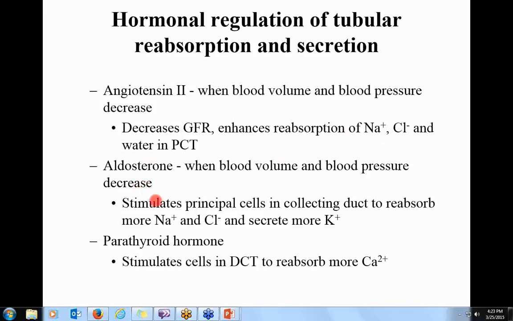Aldosterone can stimulate cells to reabsorb more sodium and more chloride ions and secrete potassium. Usually what that means is when sodium goes one way, potassium goes in the opposite direction. Kind of keep in mind the sodium-potassium pump. And parathyroid hormone stimulates the reabsorption of more calcium, helping to keep your calcium levels in check.